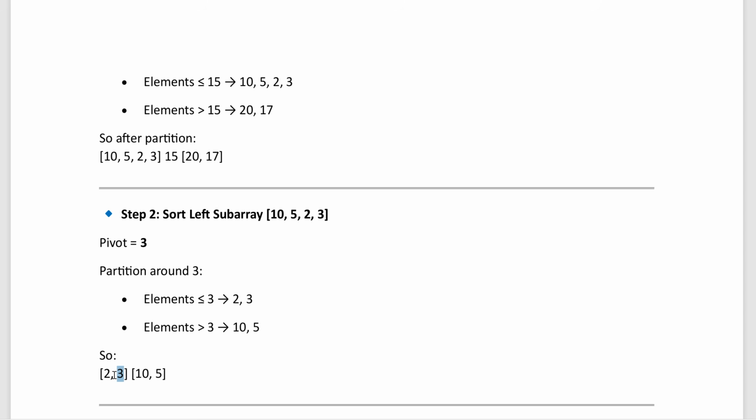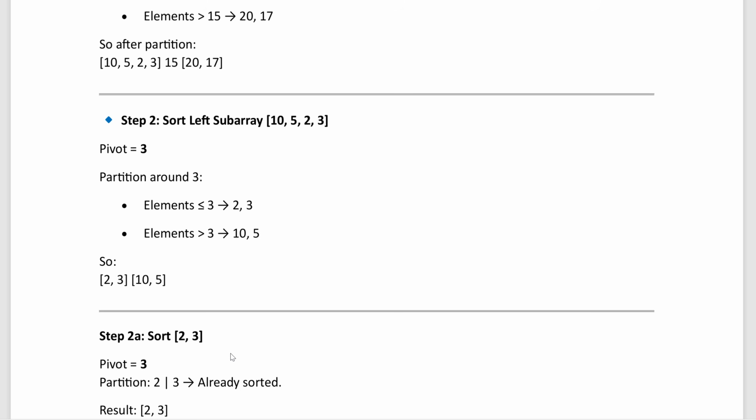So the left subarray will now become 2, 3. The elements which are greater than 3 are 10 and 5, 10 comma 5, right?